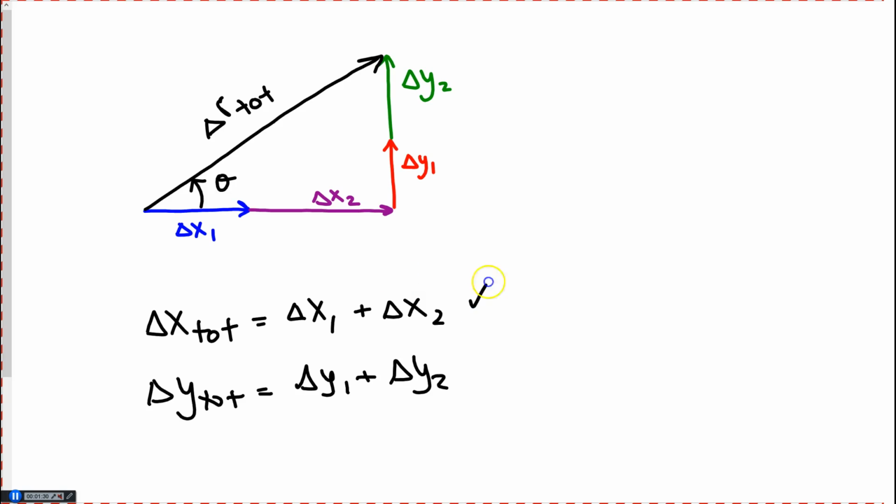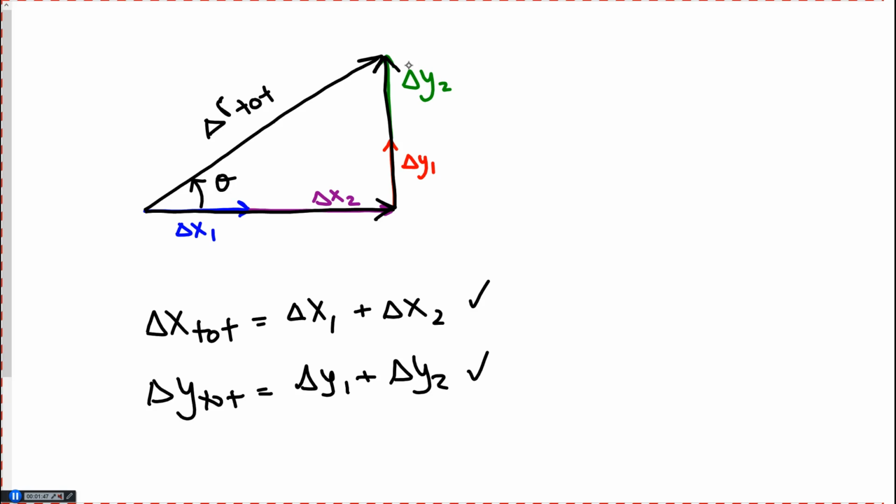By adding the delta x's together, we are in effect connecting them tip to tail and forming the bottom of this right triangle. By adding the delta y's, we are essentially forming the other side of this right triangle.